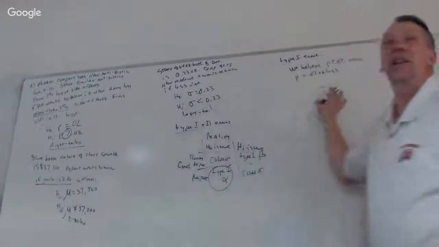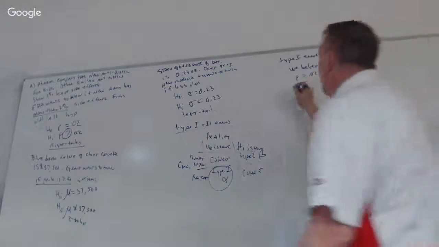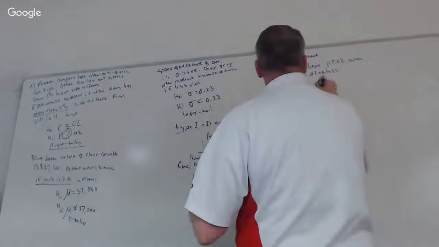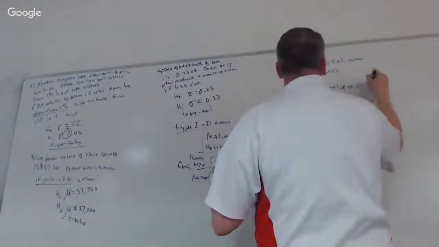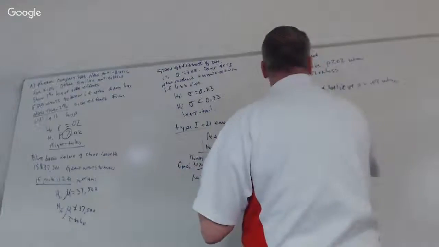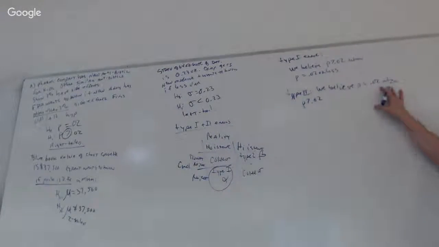We think the drug is unsafe when it really was safe. So that's one mistake we could make. The type 2 error is we believe P equals 0.02 when P is greater than 0.02. The type 2 error says we think it's safe, but it's not safe.